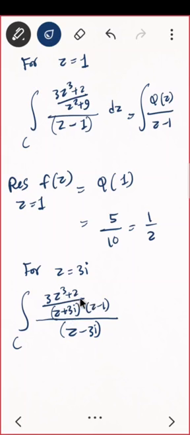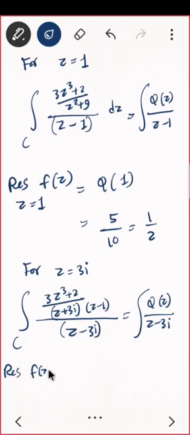Now this is my phi of z. Tell me, all I need to check is whether the numerator is analytic at z equal to 3i. Yes, there is no problem at 3i. The problem is at minus 3i and at 1. I don't care.